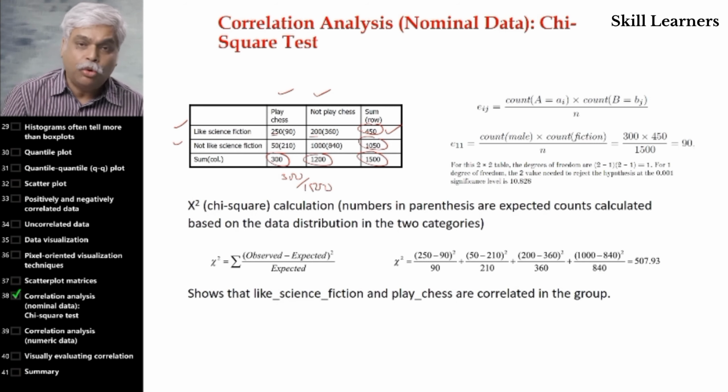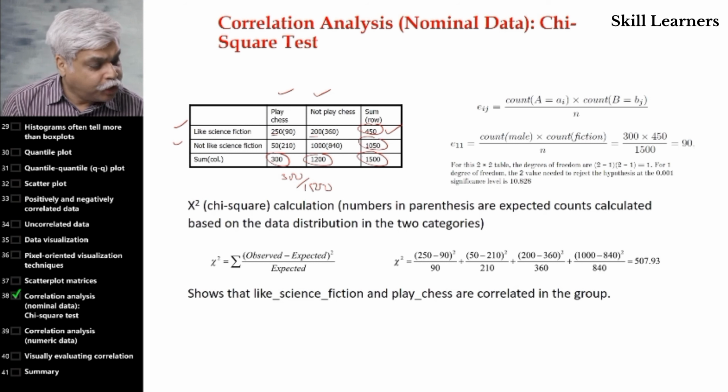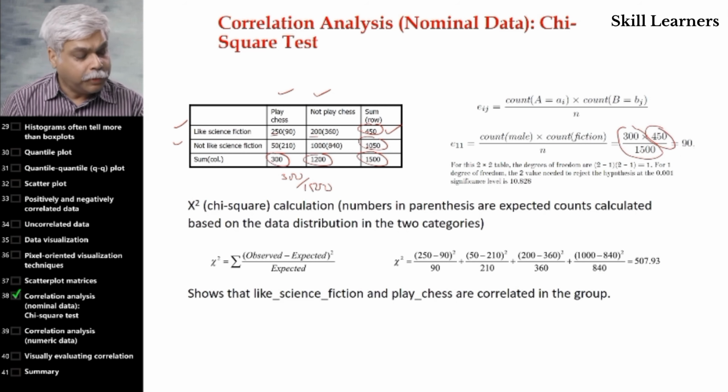The proportion of people who play chess shouldn't depend on whether you like science fiction or not. So, of those 450, how many should play chess if there is no association? It is 300 of 1,500 expressed as a fraction of 450, which is 90.